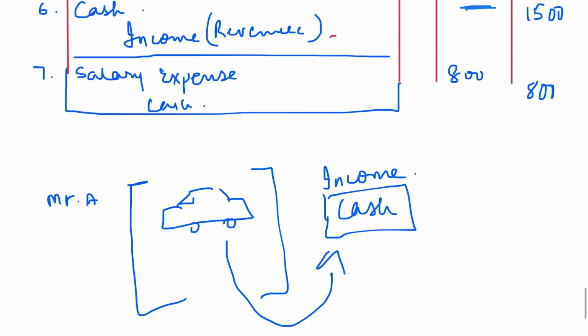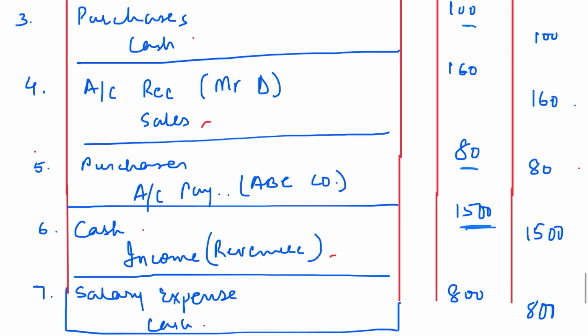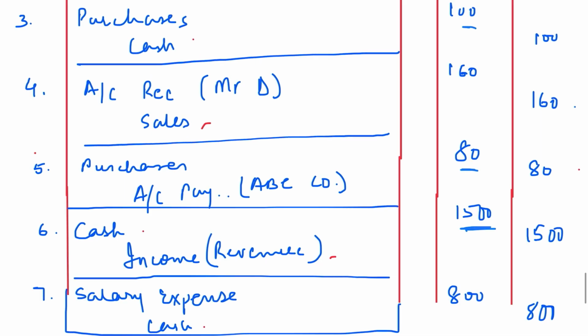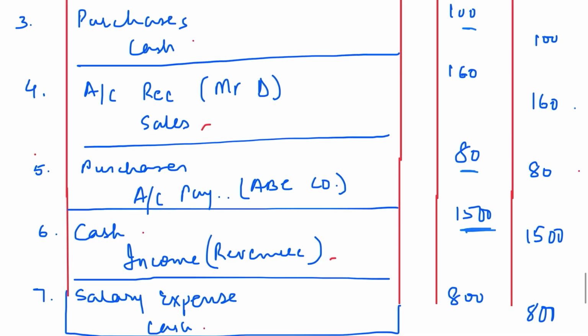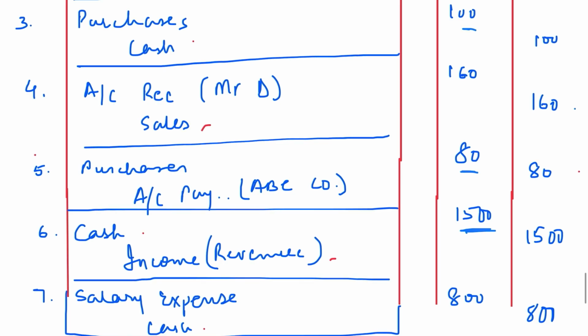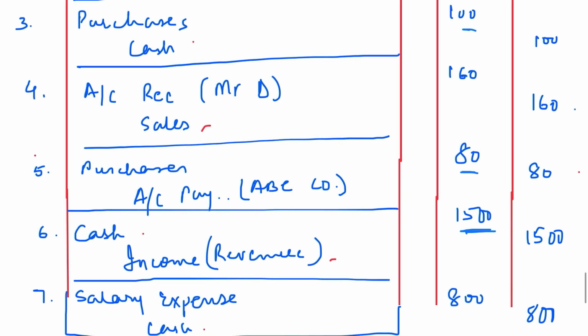Now on accounts receivable and accounts payable, accounts receivable is increasing by 160 and accounts payable is also increasing, but the amount is 80.